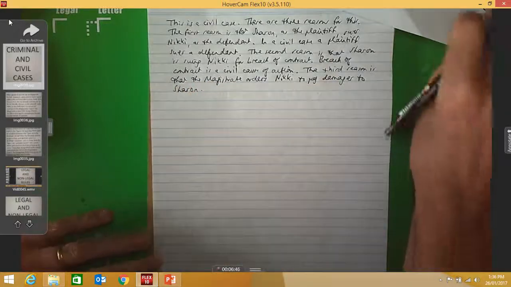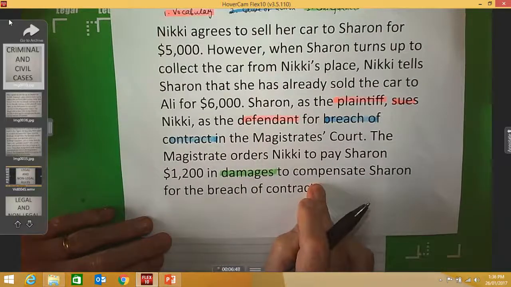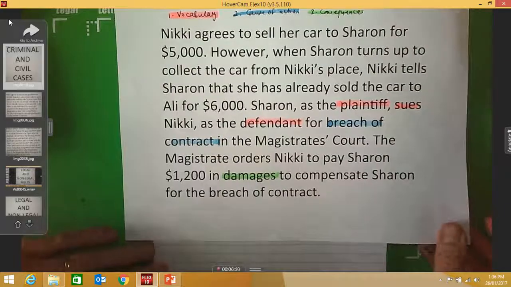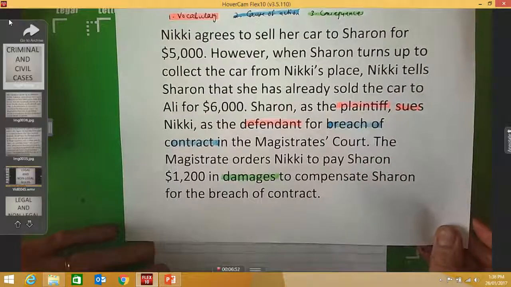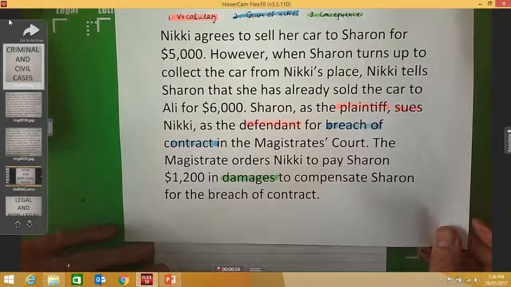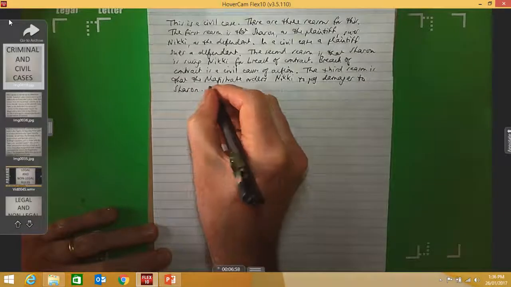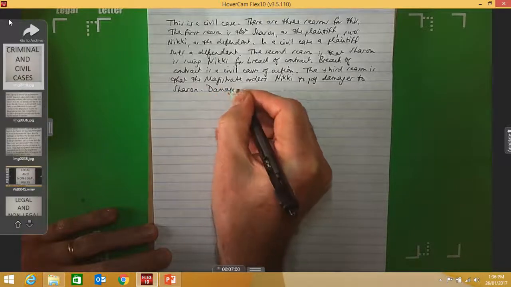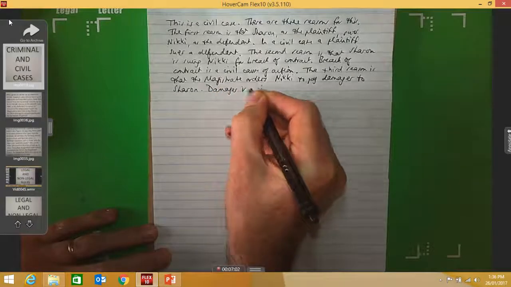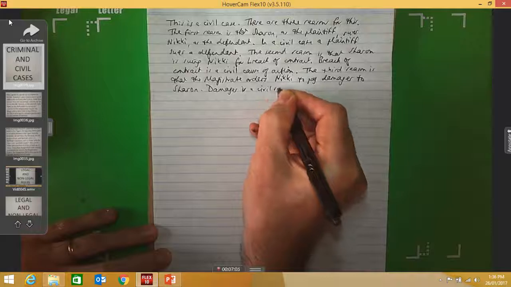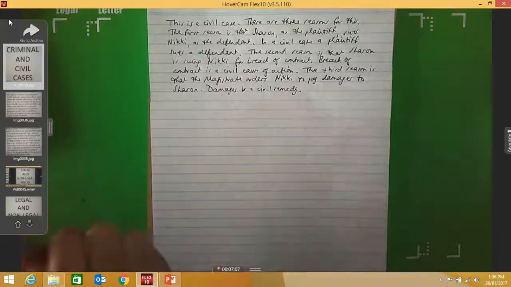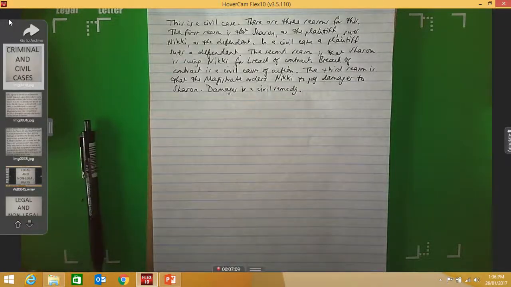Now again, that tells us no more than what the case study already says, so we've got to demonstrate that we understand that where a case involves damages, that will be a civil case. So we add another sentence which says that damages is a civil remedy. And that brings us to the end of the answer.